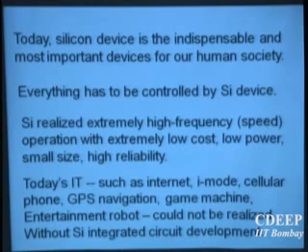And the ultimate aim we are looking for is 16 gigahertz, maybe by the end of 2040 or 50. You can see today's IT, such as internet, iMode, cellular, GPS, game machines, entertainment robots, could not be realized without circuits made out of silicon.